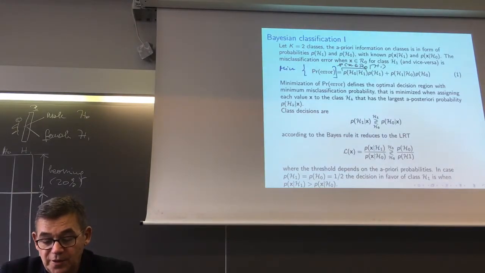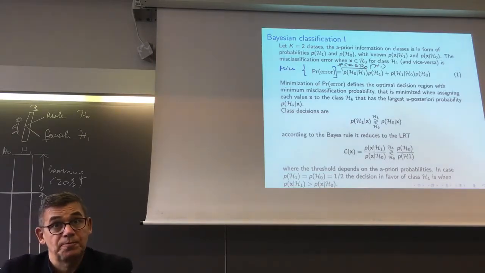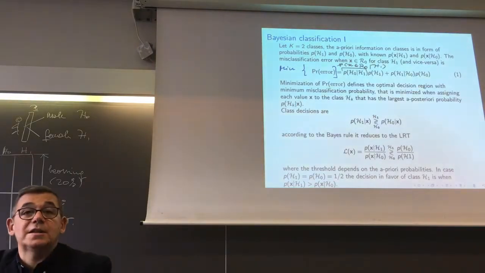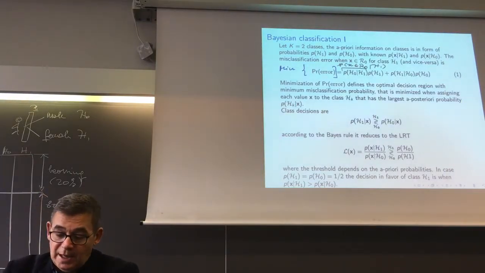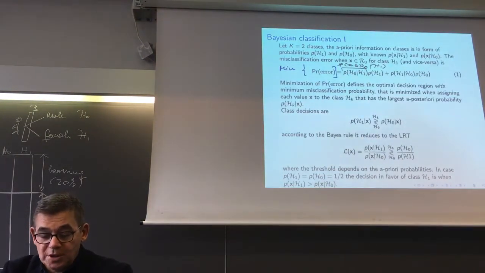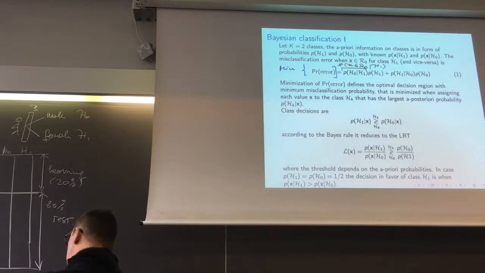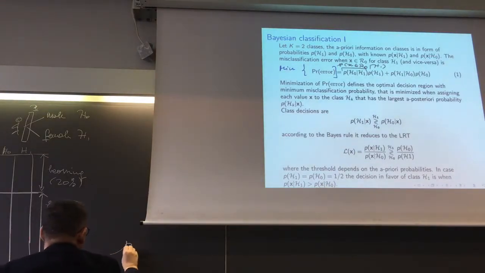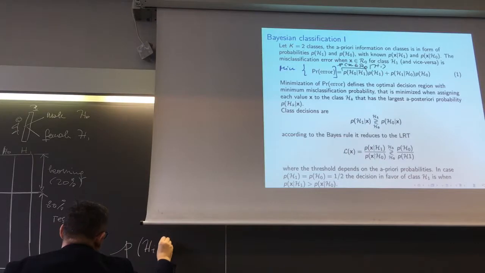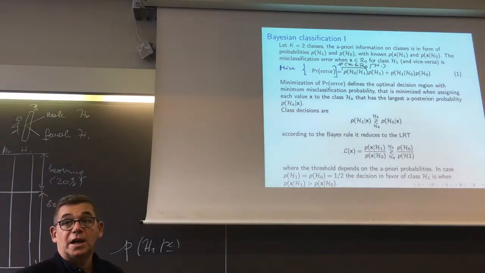Now if I want to minimize this classification probability and I manipulate my definition, I skip the derivation, so go to the book. It comes out that the classification decision is simply the a posteriori classification decision. So P(Hi given X) is the a posteriori probability for the class Hi.